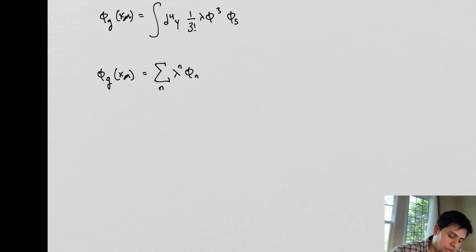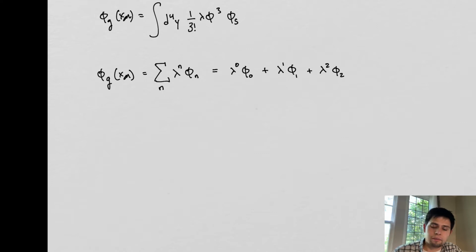And so what this is equal to is lambda to the 0th power times phi 0, plus lambda to the 1st power times phi 1, plus lambda to the 2nd power times phi 2. So by orders of lambda, we are adding these solutions together.